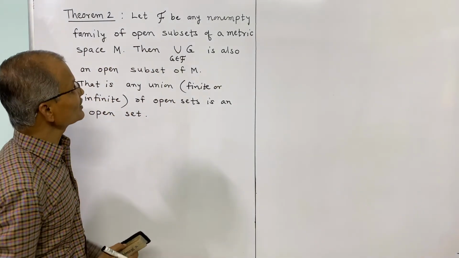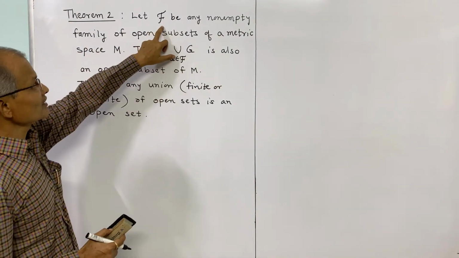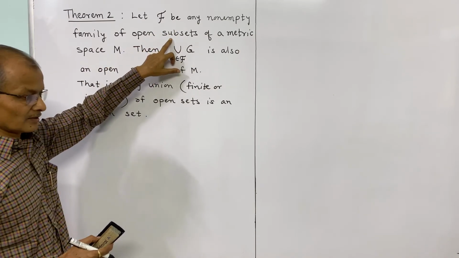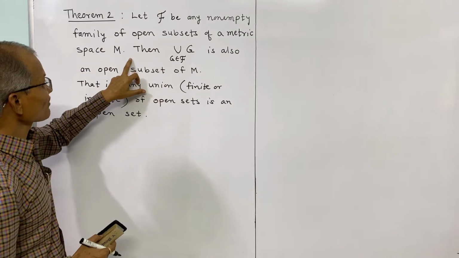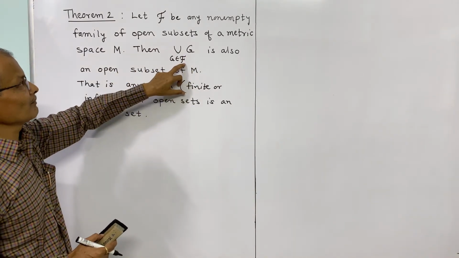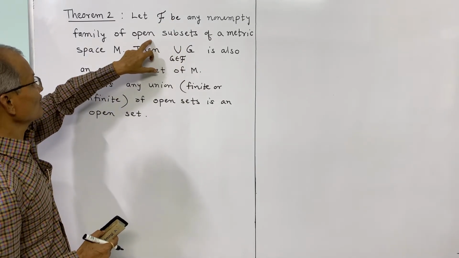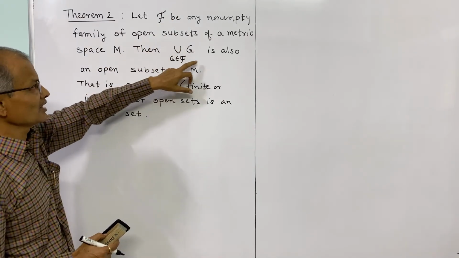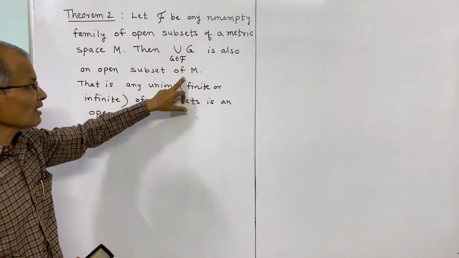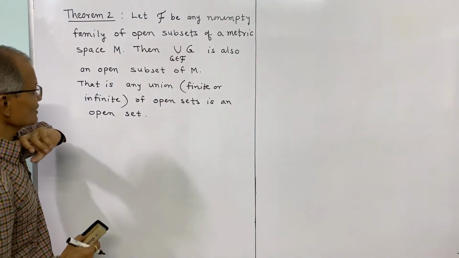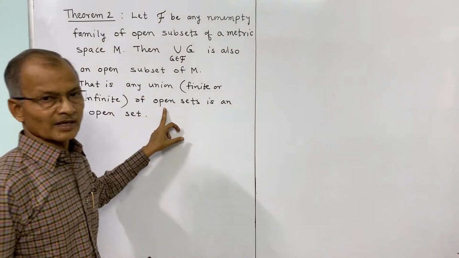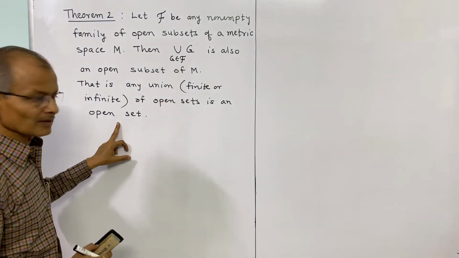Now the second theorem says: let script F be any non-empty family of open subsets of a metric space M. Then the union of G, where G belongs to script F, is also an open subset of M. In other words, any union, finite or infinite, of open sets is an open set.